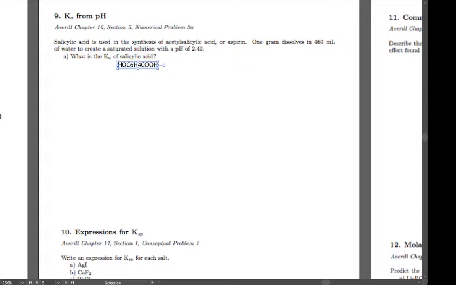So we first need to find how many moles are there in 1 gram of salicylic acid. The way to do this is to look up your periodic table. The H here is 1, and we have 6 hydrogens.